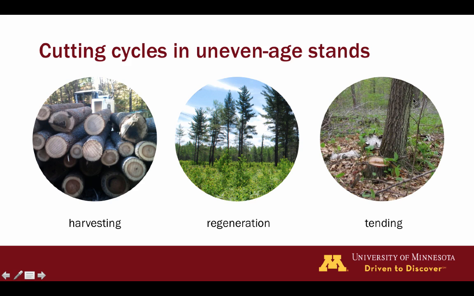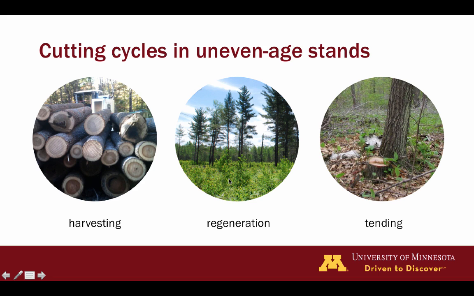So we're tending that immature cohort, where we're hoping to improve the quality or improve the composition. We're trying to improve the stand with each cutting cycle, with each entry. This is really important because with an uneven age stand, we have 3 or more distinct age classes. So we need to be really focusing on not only what we're taking out, but what we're regenerating.